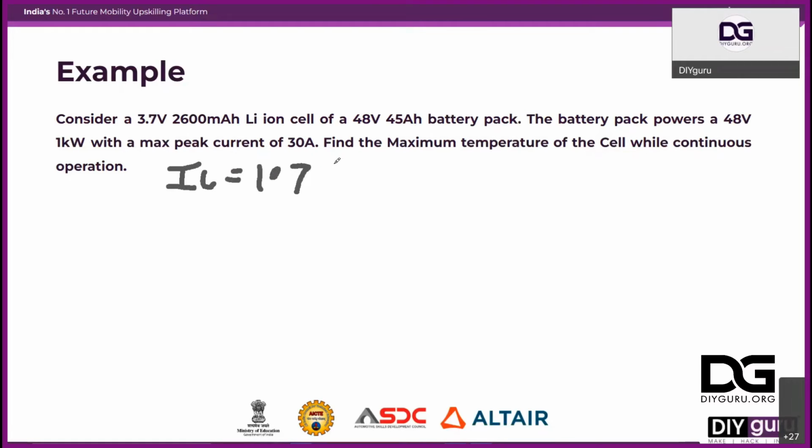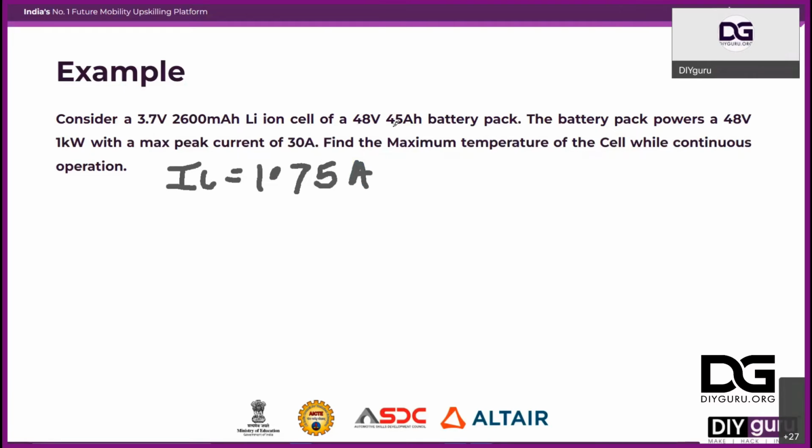What the question suggests is to find the maximum temperature of the cell during continuous operation, for the maximum operating current for this specification. If I have this battery pack and the controller allows only 30 amps of current, for a single cell, the cell is working continuously at 1.75 amps.